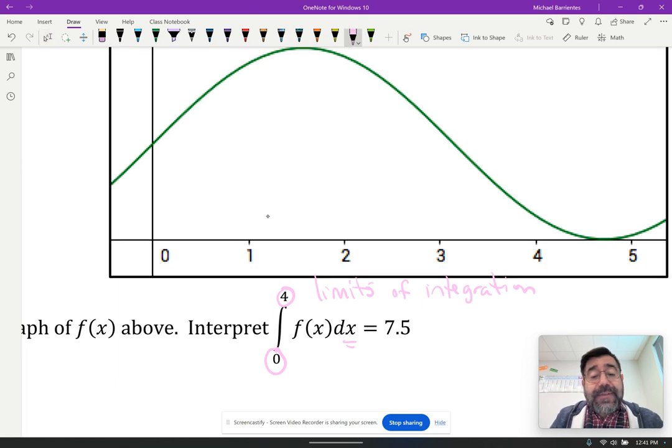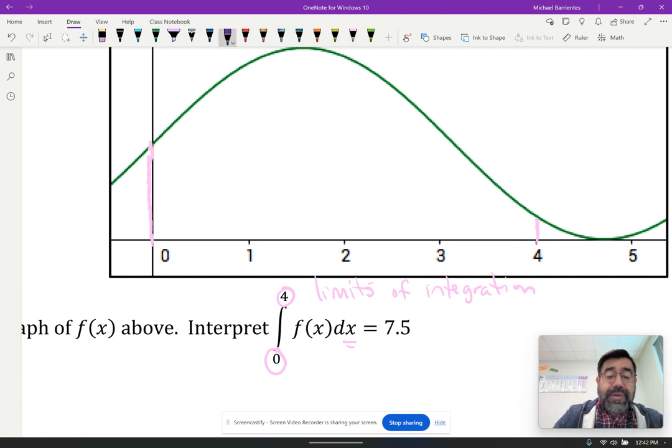So the fact that this is a function in terms of x, and I see the dx, means these numbers in pink are x values. This is really telling me that starting at 0 and ending at 4, the definite integral of the function f of x is 7.5.